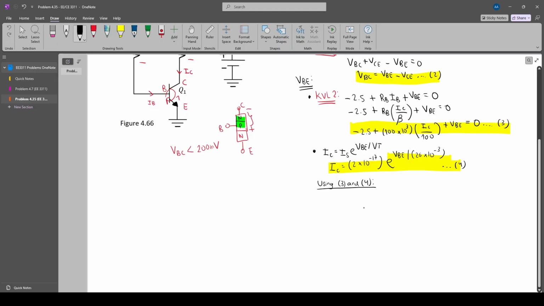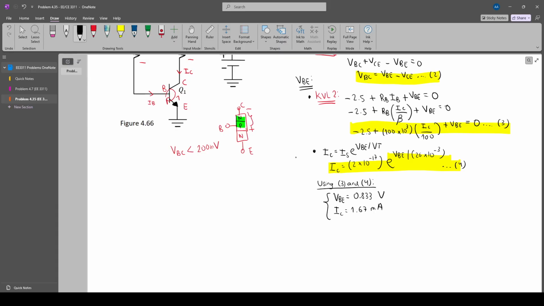So using the calculator, we can say that base emitter voltage equals 0.833 volts and IC equals 1.67 milliamps.